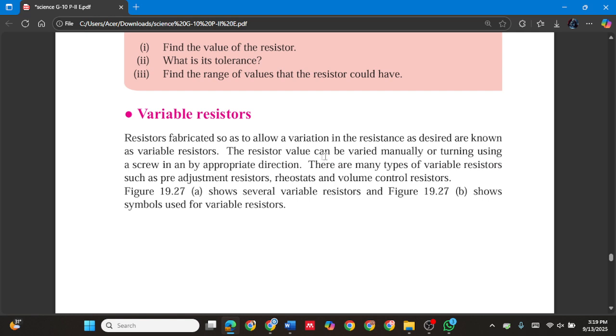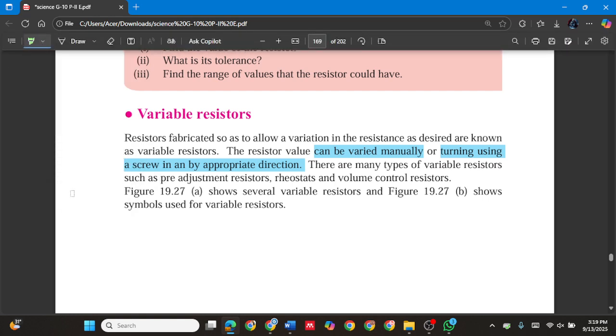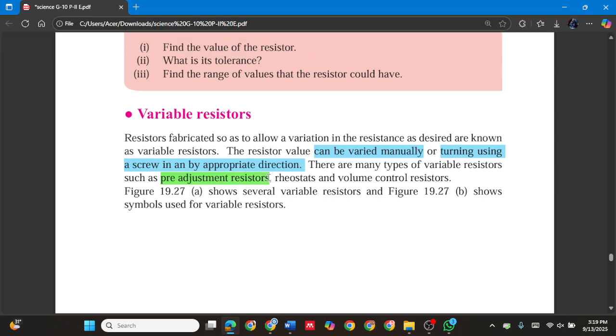We discussed the variable rheostat, the variable resistance, earlier. The resistor value can be varied manually or by turning a screw in the appropriate direction. There are many types of variable resistors such as pre-adjustment resistors, rheostats and volume control resistors.